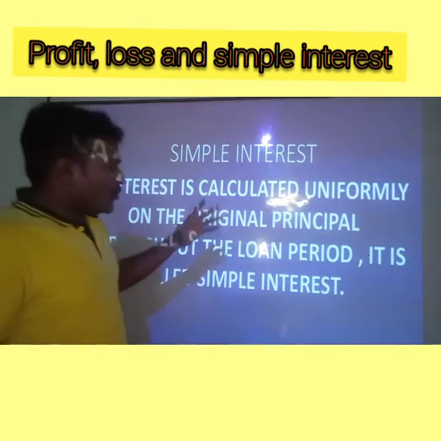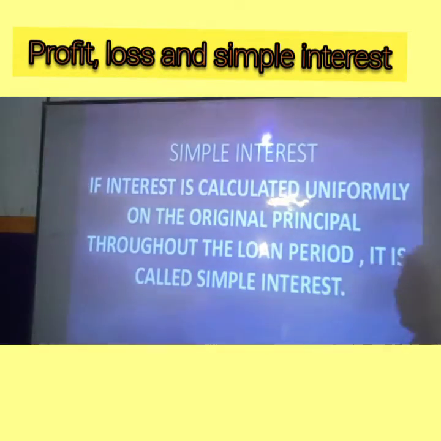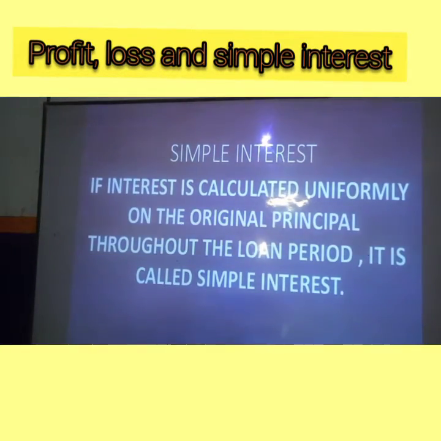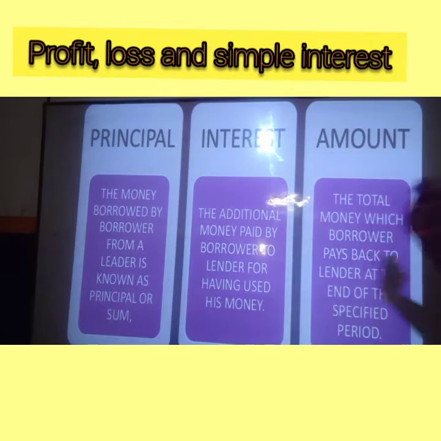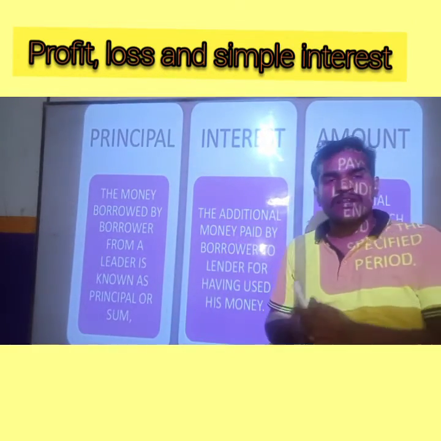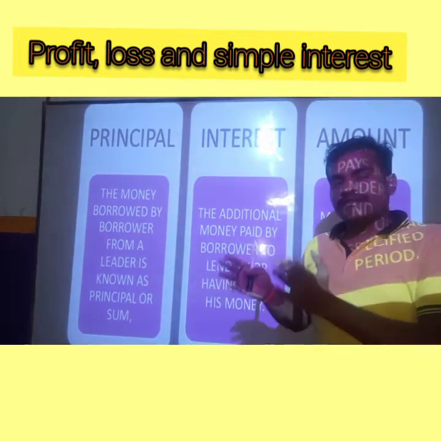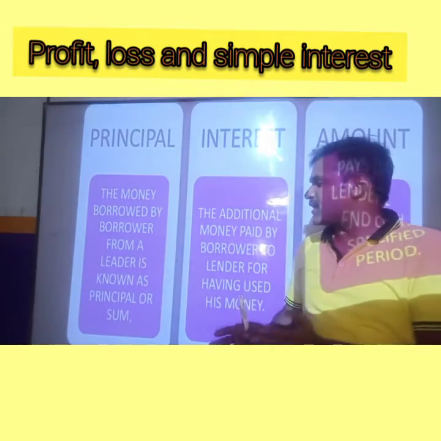Okay, now what is the meaning of principal, what is the meaning of time, and what is the meaning of rate? Let's see. Principal is the money borrowed by the borrower from a lender. That money is called principal.